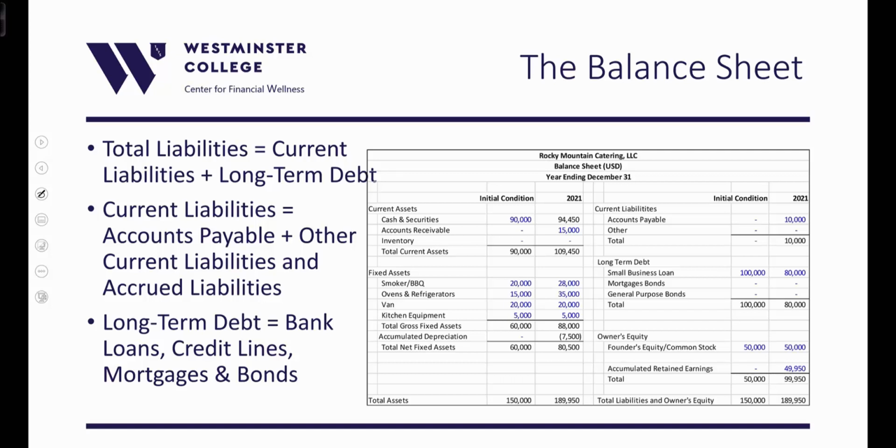It just happens to have a particular form. And long-term liabilities, so the total of our liabilities, will be equal to the current liabilities and the long-term debt. So as we look at the initial condition, we have no current liabilities. We have $100,000 in long-term debt, so we would say that we have $100,000 in liability.